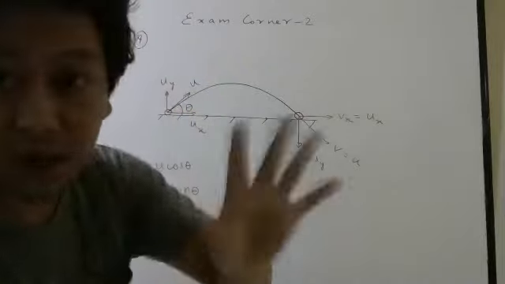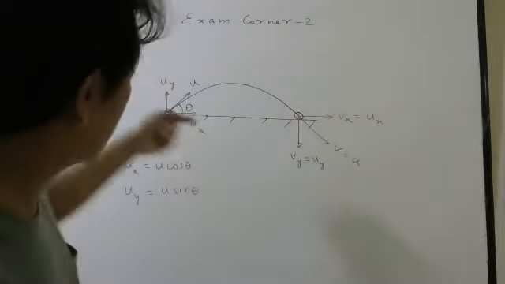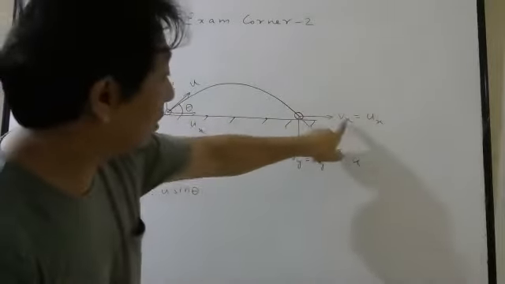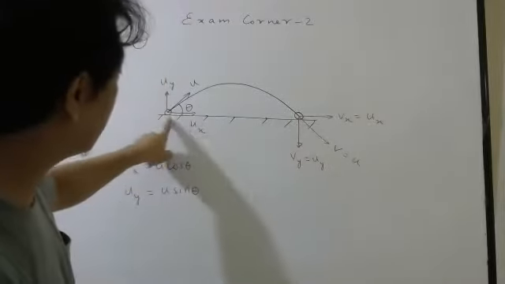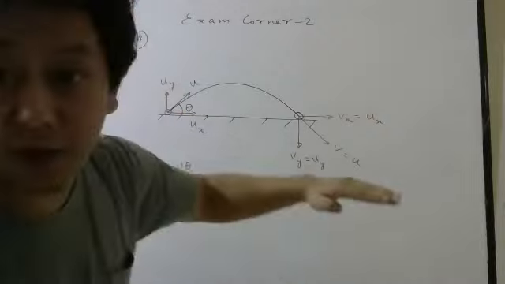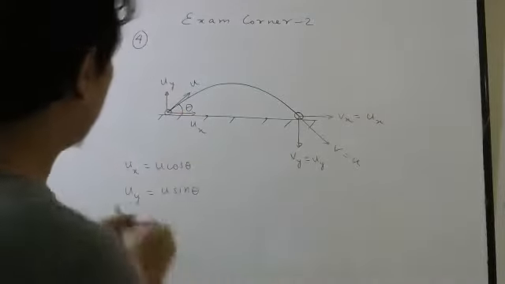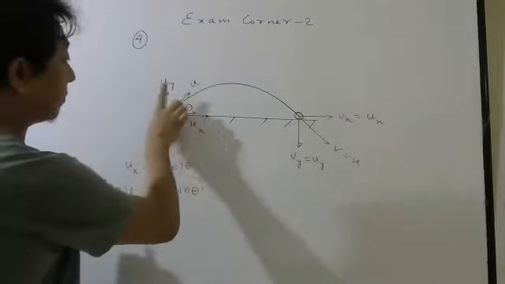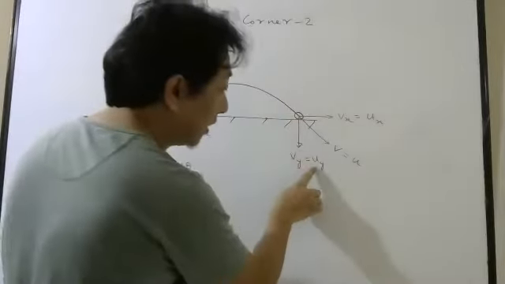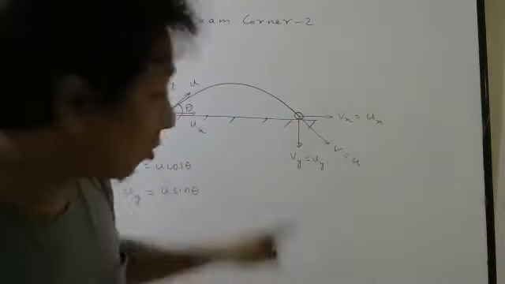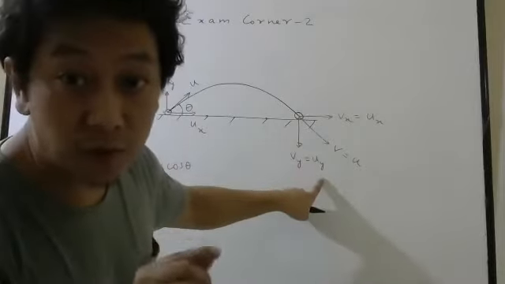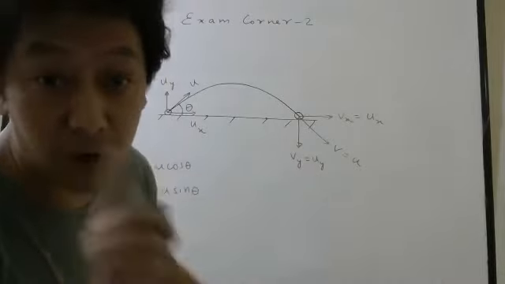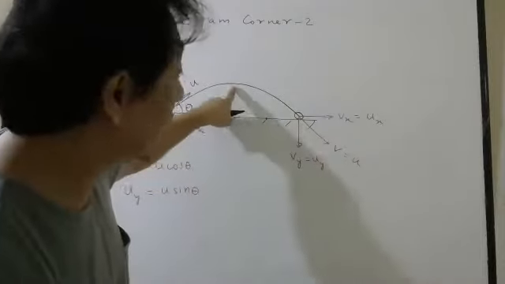This component will never be affected by gravity. So this component of velocity will always remain constant. But for this point and this point, since the level is the same, if this component is 10 meter per second, this also will be 10 meter per second. So the y component of final velocity will also be the same as the y component of initial velocity. Only here, remember, not here, not here.